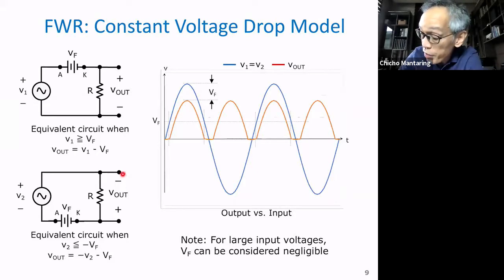So again, what will V out be? Okay, note that V out now is negative, right? So it's negative V sub 2 minus V sub F. If you try to do a KVL here, this is the equation that you're going to come out with. So this is this curve.